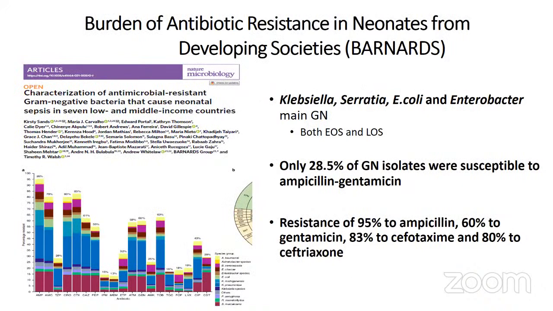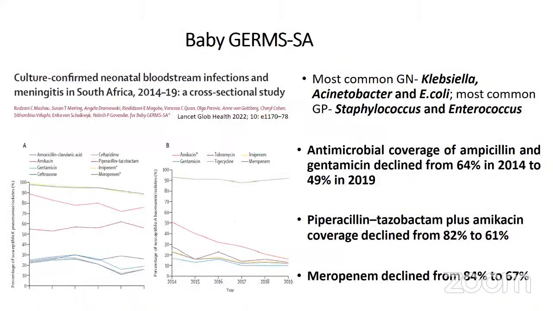A similar study which included sites from South Africa also found that the organisms grown in neonates are resistant to the common antibiotics that we use, including cefotaxime, ampicillin and ceftriaxone. So we need to be aware of this.